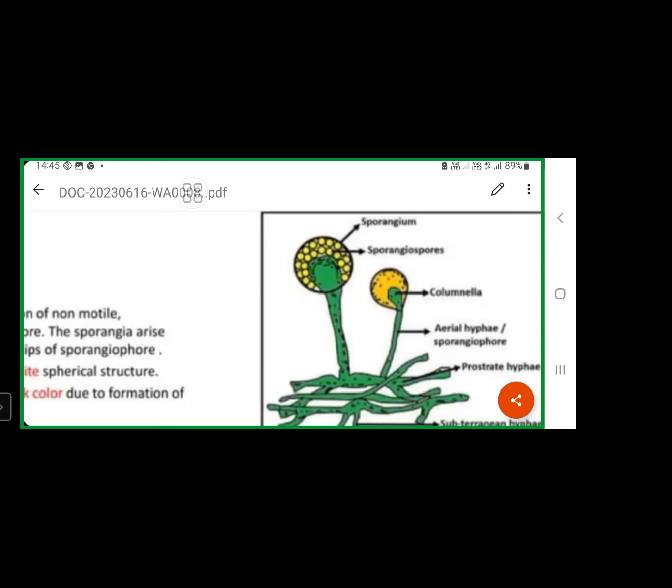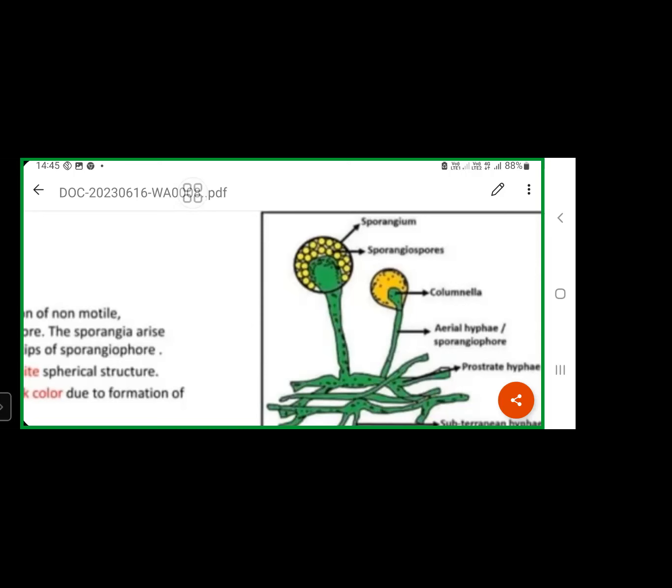Before wall rupture, the cell contents in this sporangium are differentiated into spore-like structures. Before this cell wall dissolution, the cell contents which are present in this peripheral region are differentiated into round shaped structures.